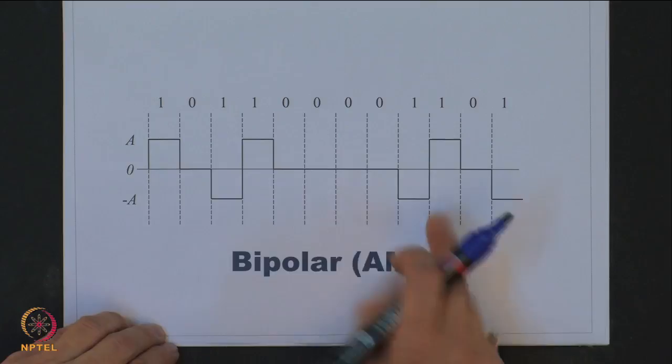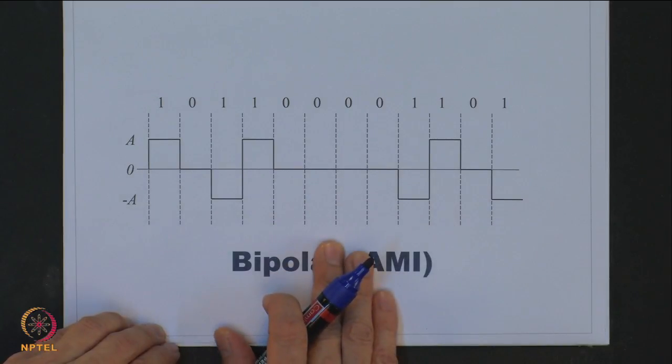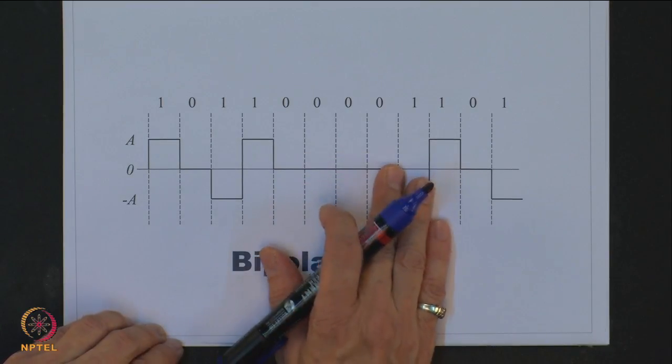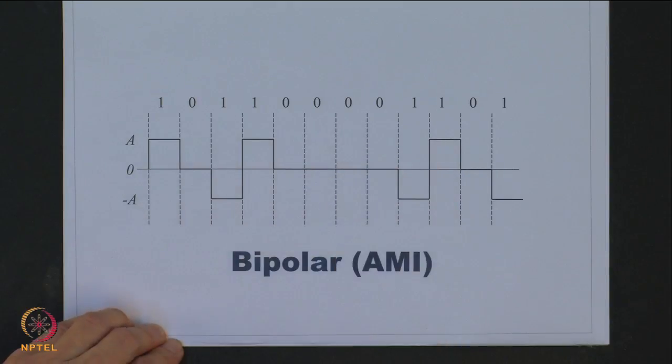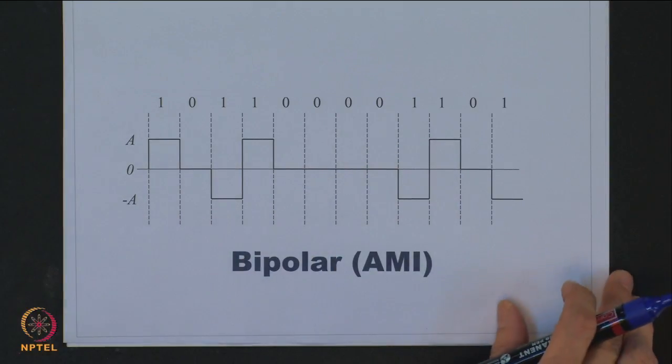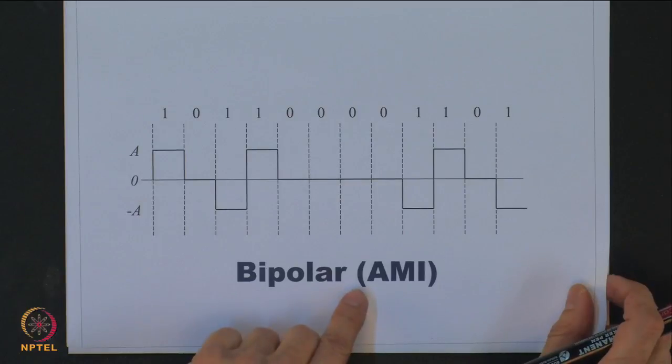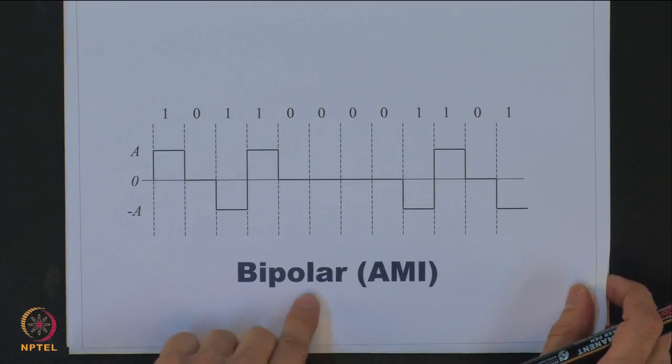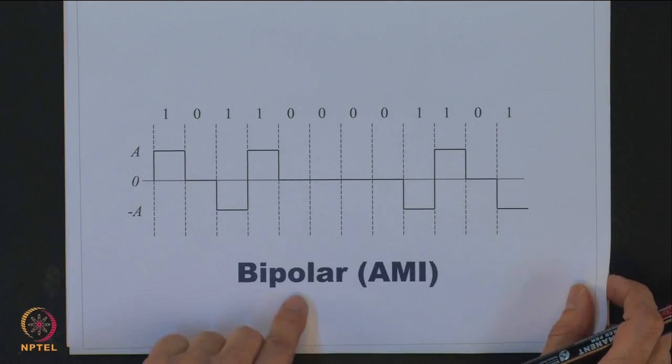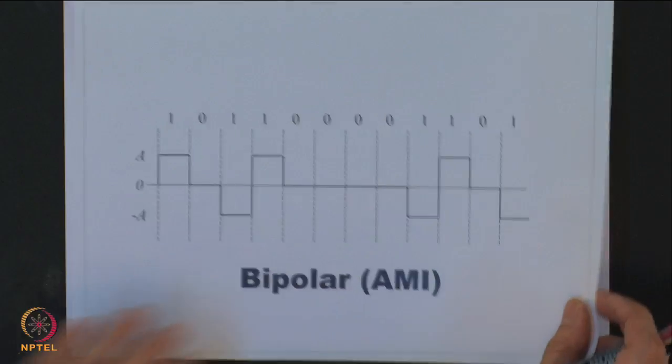There is a spectral null at DC, so there is no longer a problem if channel does not pass DC. Correct? Okay. And we will see basically that this bipolar format requires lower bandwidth and you can carry out the error detection. We will come to this little later on.